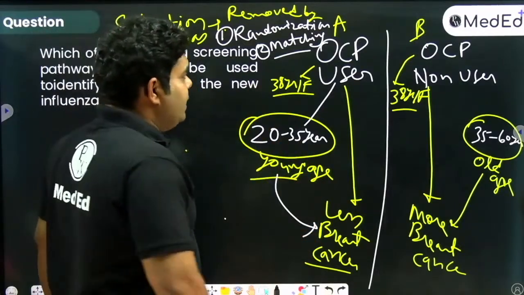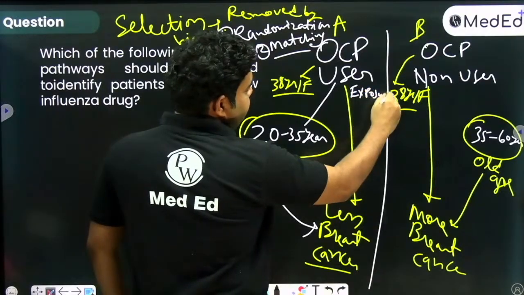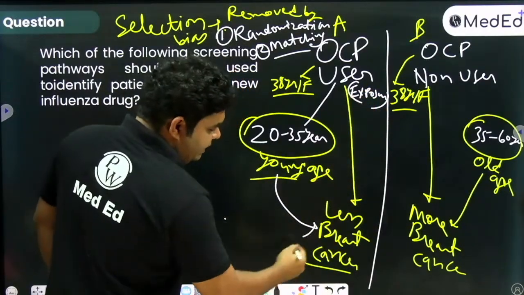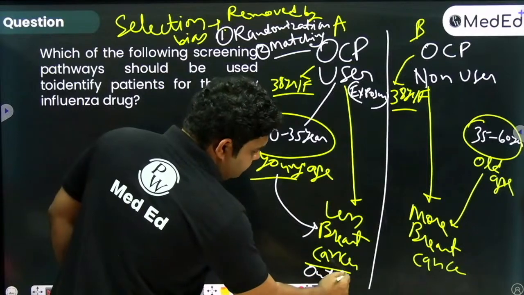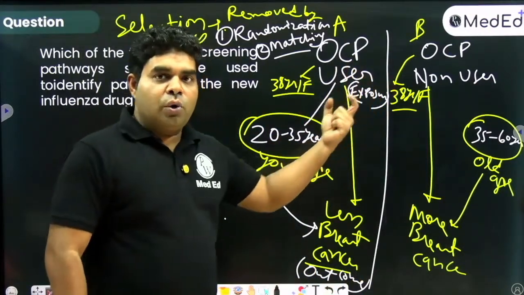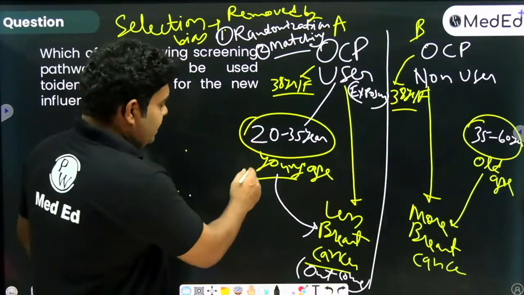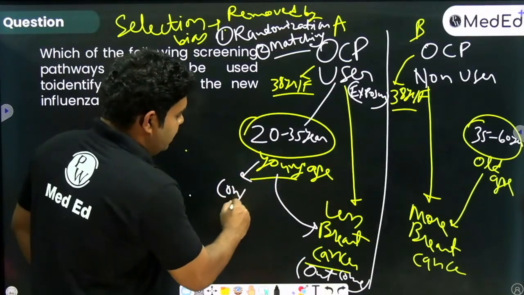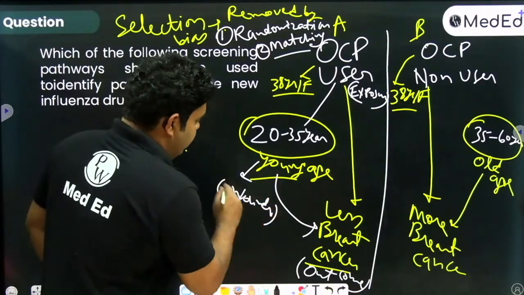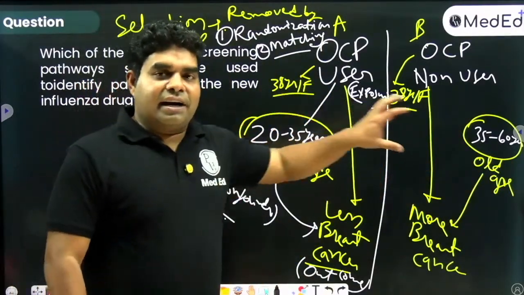So in this story, OCP users are the exposure and less breast cancer is the outcome. And young age is related to exposure also. Young age is related to outcome also. So young age is the confounder here. And on this side, old age is the confounder. So age is the confounder.